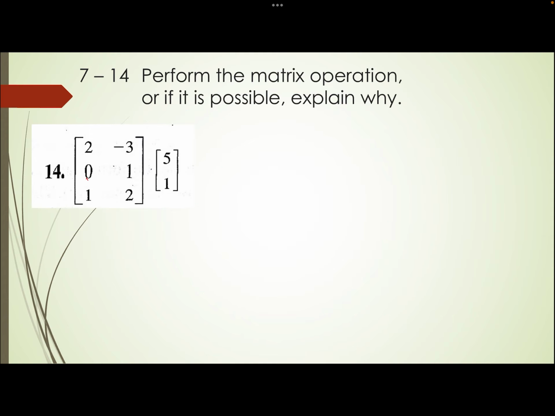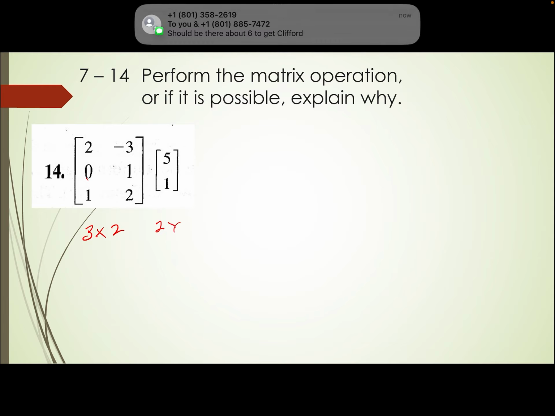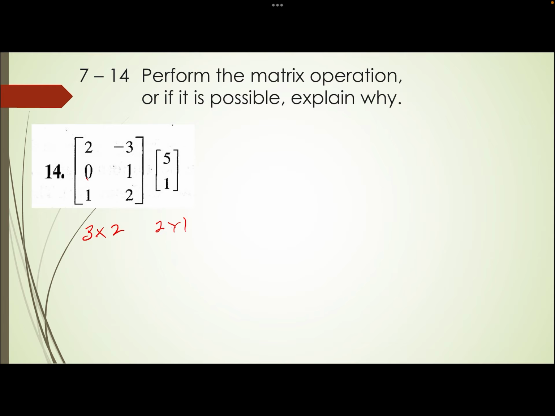Okay, let's look at 14. So now this one is a 3 by 2. It's always going to be helpful to look at the dimensions to make sure you can even multiply it before you even start. This one is 2 rows and 1 column. So 2 by 2, yes, this is going to work, and my answer is going to be a 3 by 1, so it's going to be like that.